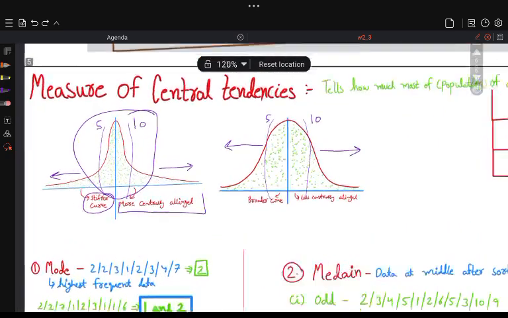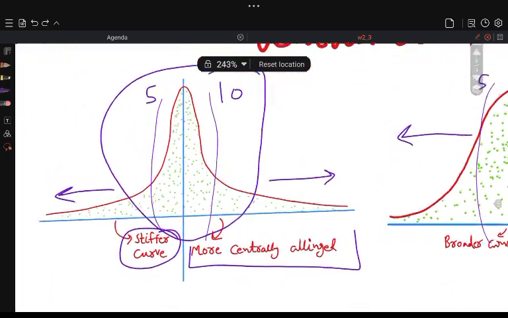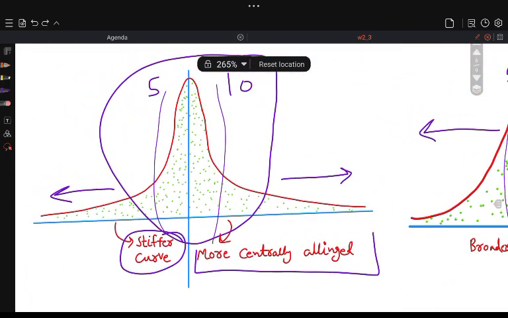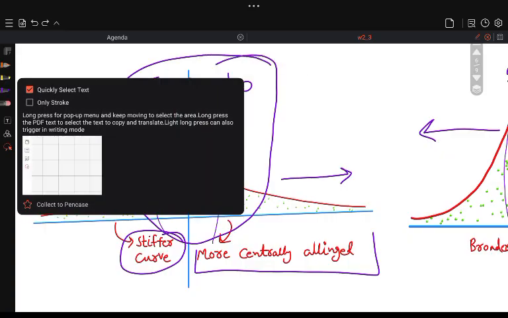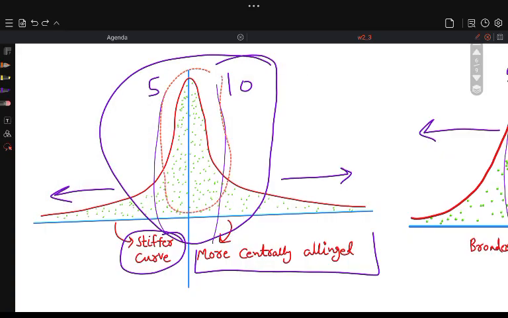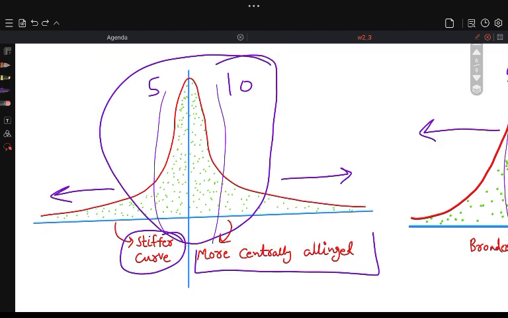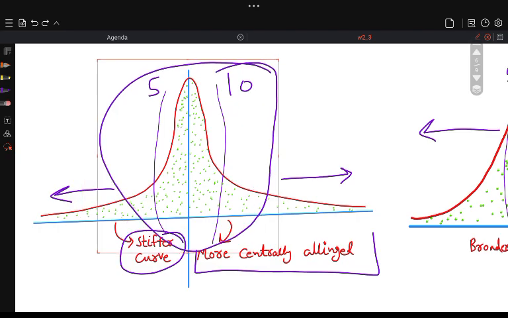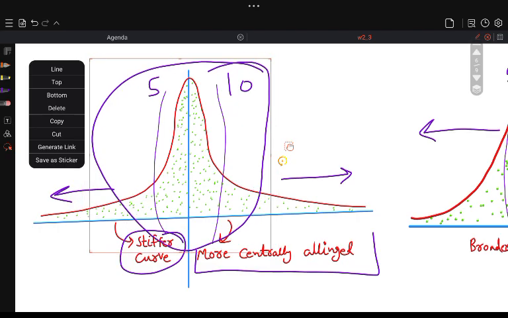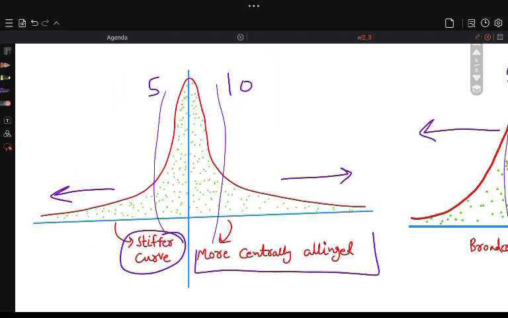For example, in this graph, if we look, most of the data is surrounded at a certain region. It is clustered at a certain region, and a very small minority of the data is spread at most of the other places, but the majority of it is clustered at a point.